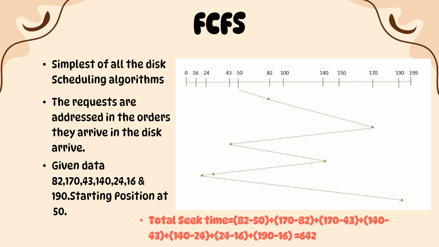After that, 43 to 140, so the movement is 140 minus 43. Now the head moves from 140 to 24, then 24 to 16, so the distance is 24 minus 16. After that, 16 to 190. So the total movement is 642. Total movement is otherwise called total read or write head movement. So the seek time is 642.